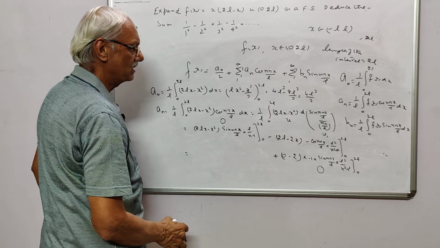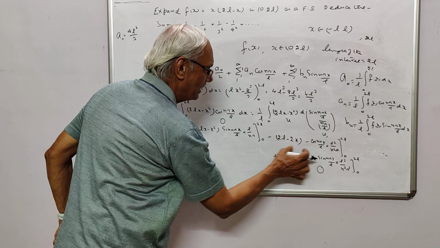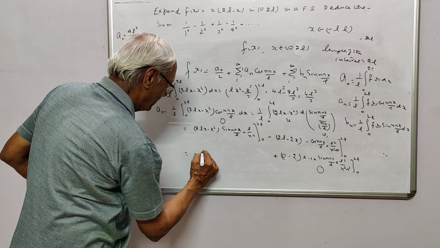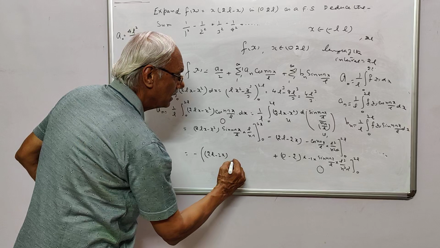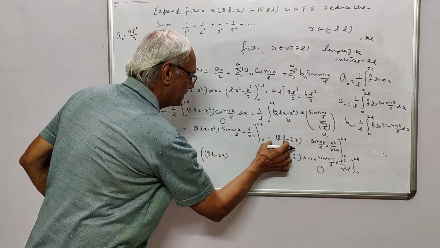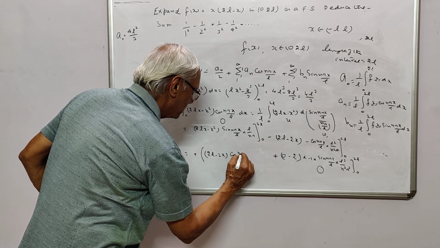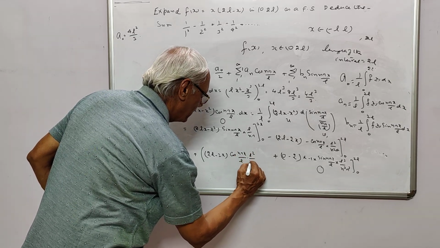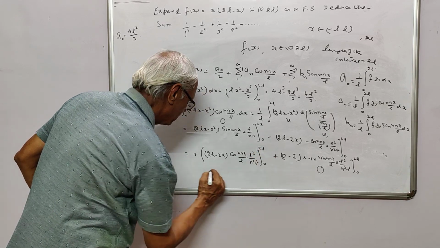It is minus, into, I will give here 4. You are left with minus (2L − 2x) into, take this minus sign also outside. Minus into minus will make it plus. Then cos(nπx/L) into L²/n²π², from 0 to 2L. So this is all.